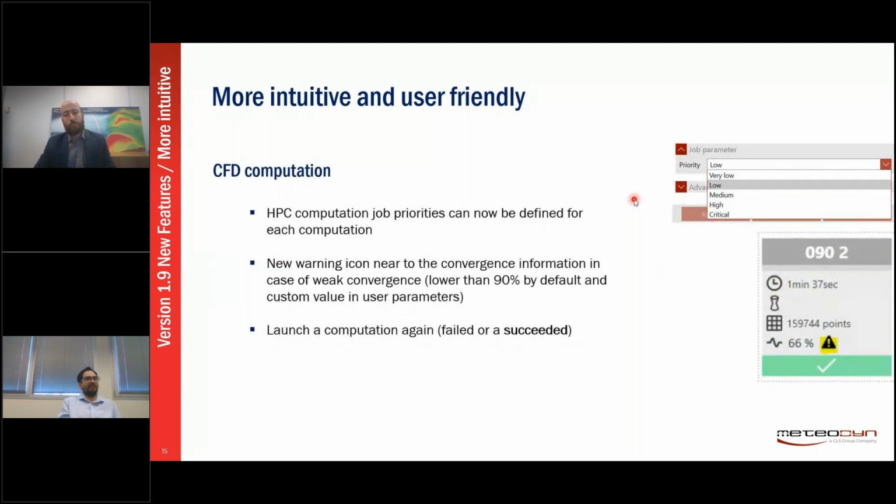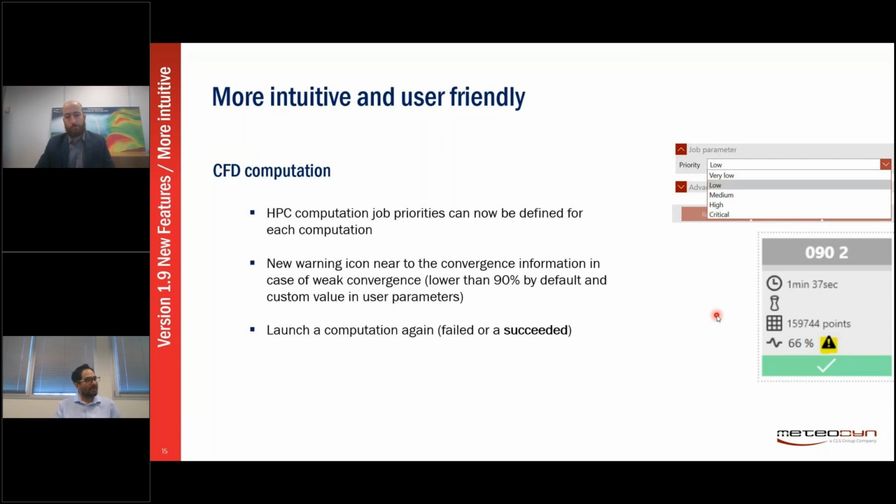For the CFD computation, you can define job priorities for each computation. Before it was just first come, first served. Now, if you know that you have some projects that are much more urgent than others, you can prioritize this task. Also, if the convergence happens to be lower than 90%, there will be a little warning sign to tell you that you might consider relaunching the CFD computation.